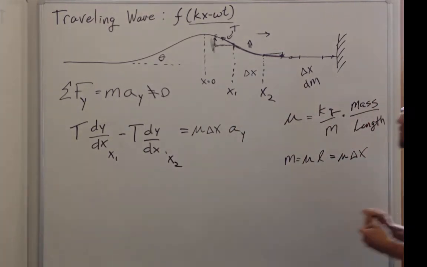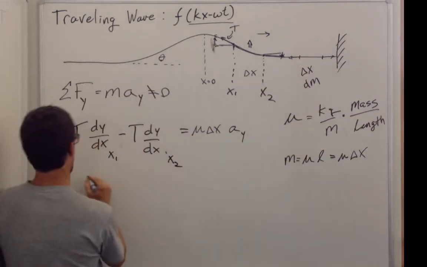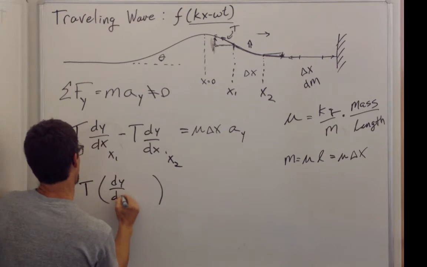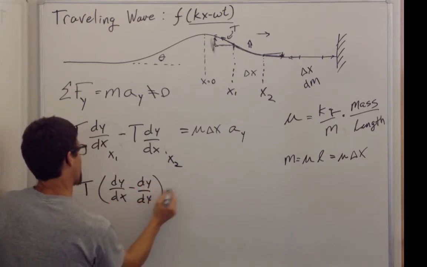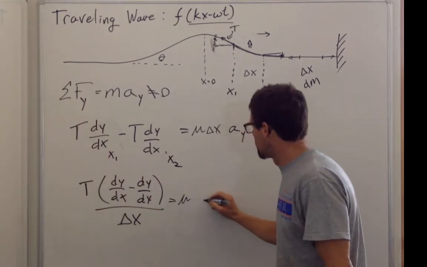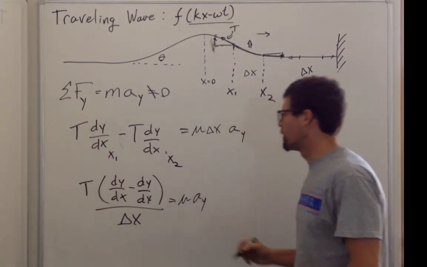And I like that because we can pull this out now. And this is dy/dx at one point, and this is dy/dx at the other point. And we can divide through by delta x, equal to mu times the acceleration in the y direction.